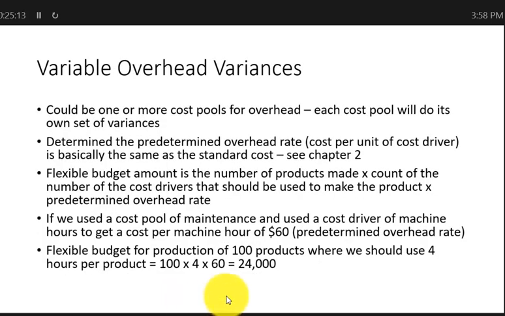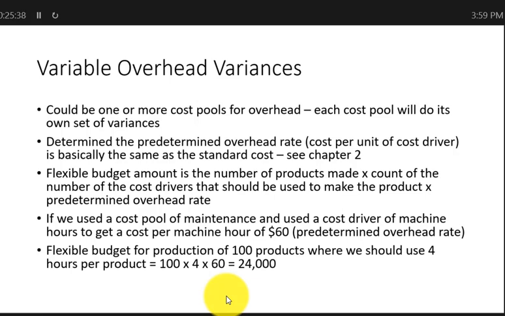All right, that same thinking goes into our variable overhead variances. Again, we're not talking about fixed overhead, which stays the same regardless of our volume. We're talking about variable overhead, the types of overhead that go up or down depending on the volume we're making.